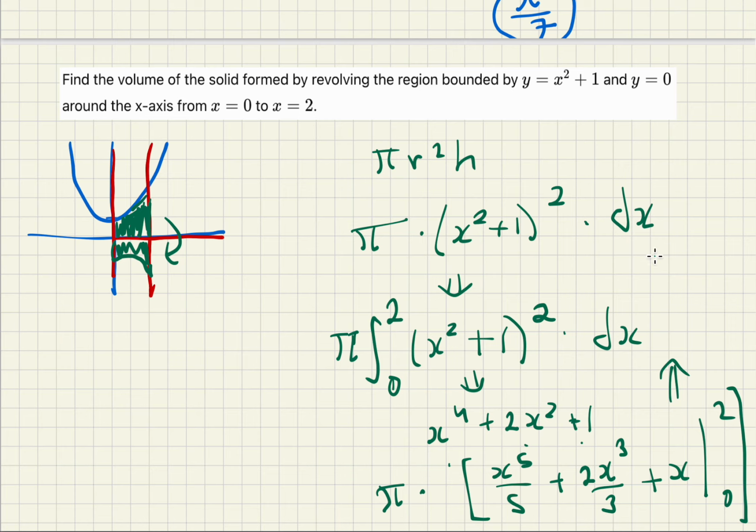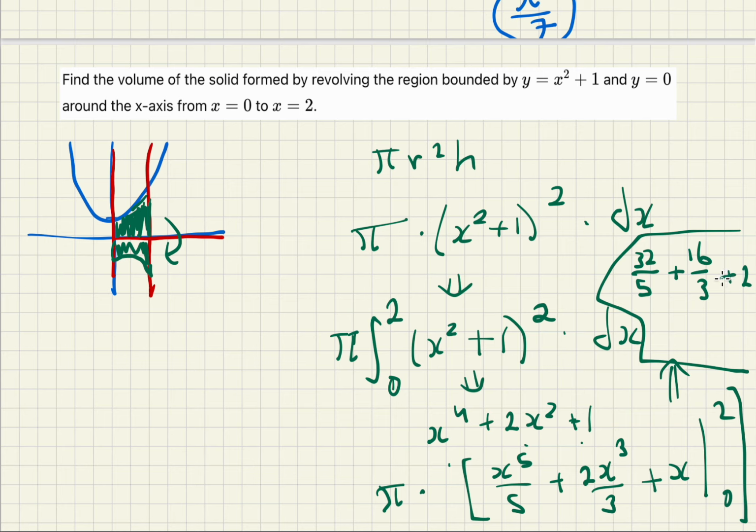So we get, I'll make a box here, 32 over 5 plus 16 over 3 plus 2.